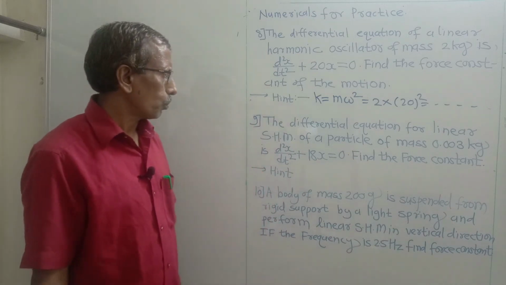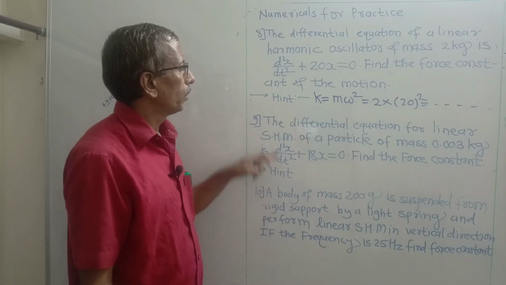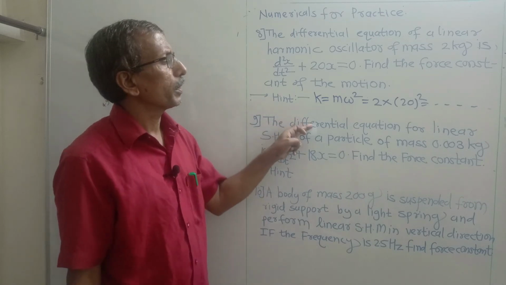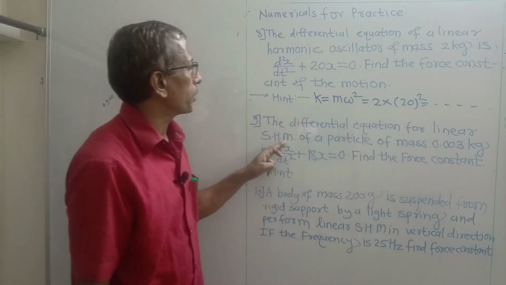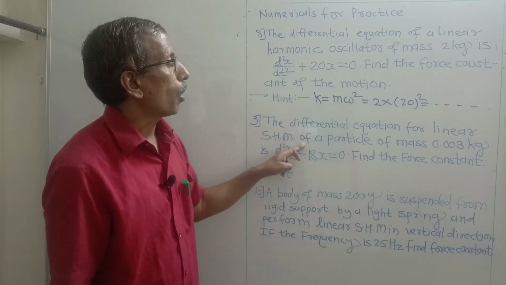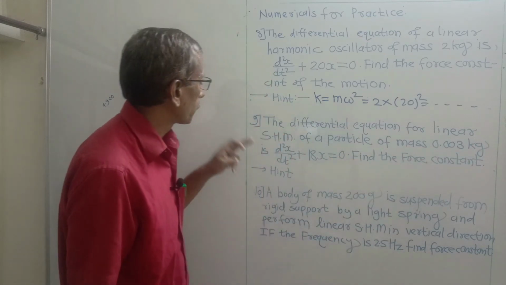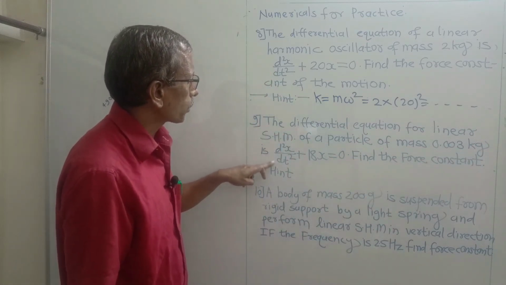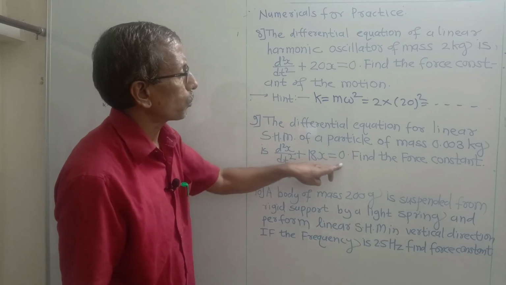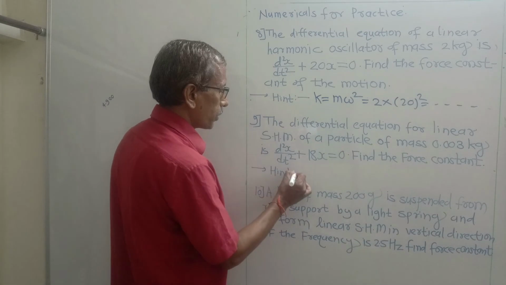Now we have to take a small hint for problem number 9. The differential equation for a linear SHM of a particle of mass 0.003 kg is d2x by dt square plus 18x is equal to 0. Find the force constant. Very simple. Which formula?